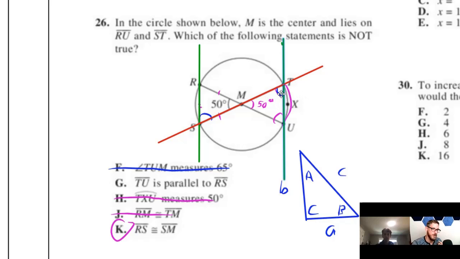And if alternate interior angles are congruent, then we know the lines that they're cutting across are parallel. And that works both ways. So if we know the lines are parallel, then we know alternate interior are congruent. And if alternate interior are congruent, then we know the lines are parallel. So that's a both ways theorem.